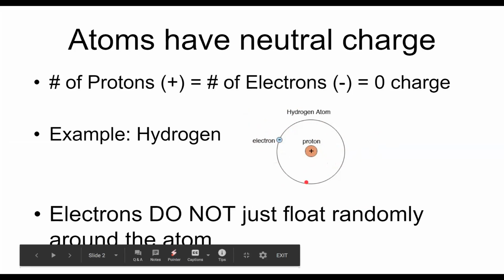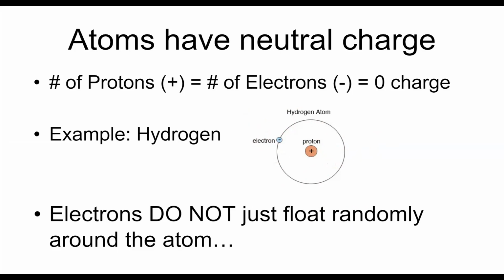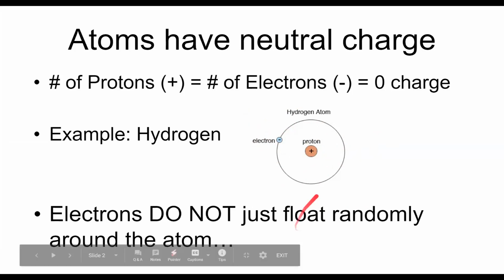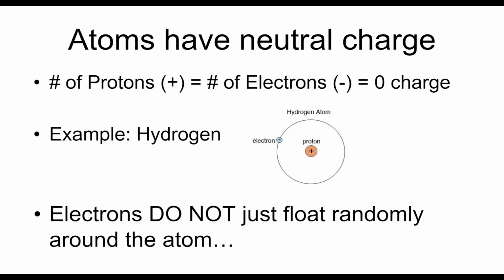But they don't float randomly around the atom, like a balloon in the breeze, just floating wherever they want to go. Instead, they get organized into a specific set of structures. That's what we're going to be focusing on today and what your homework for tonight is going to be about.